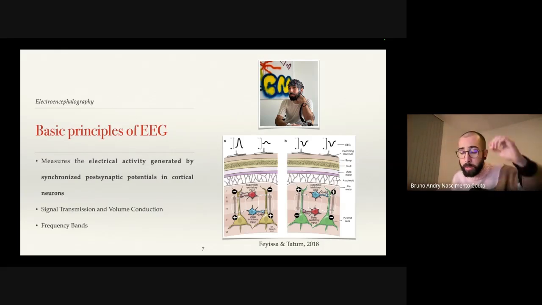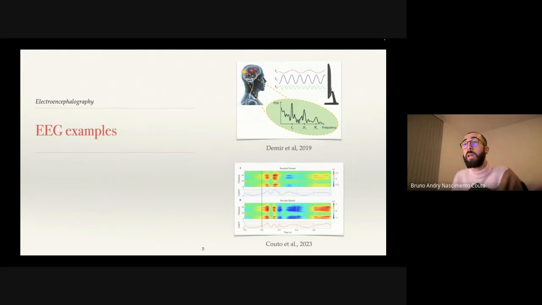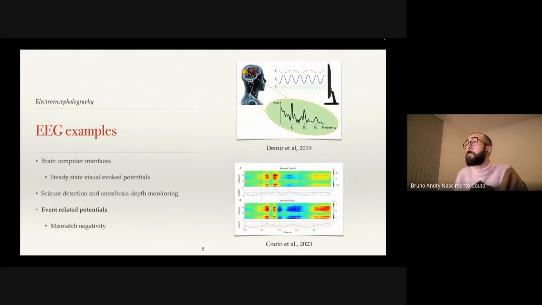There are many uses in the clinic. Some of them, for instance, you can use it for brain-computer interfaces. It's a quite hot topic nowadays within neuroscience. One example is steady-state visual evoked potentials, where you can have stimuli presented at different frequencies, and then on the occipital cortex, you can capture what the brain is attending to.